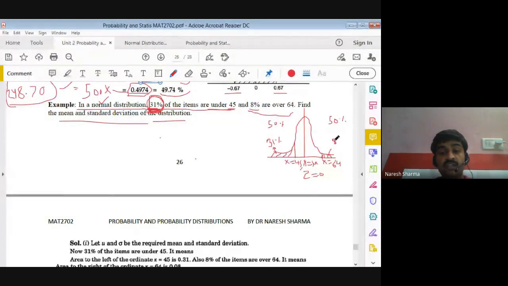So when you say percentage, it is 8%. When you say probability, then this 8% can be written in decimal form, that is 0.08. The probability of this region is 0.08 and the probability of this region is 0.31.